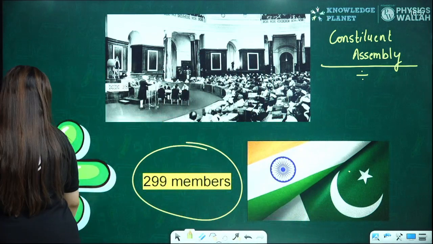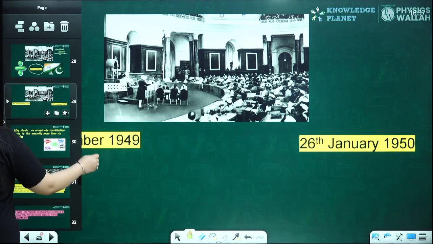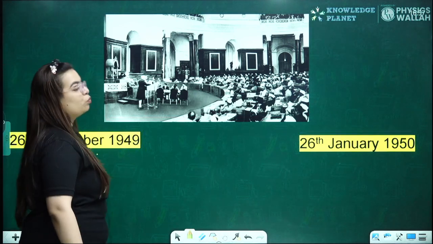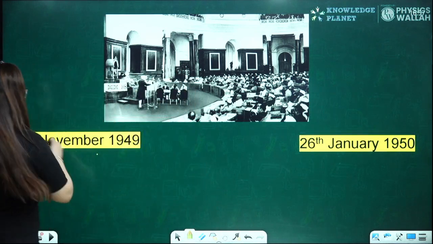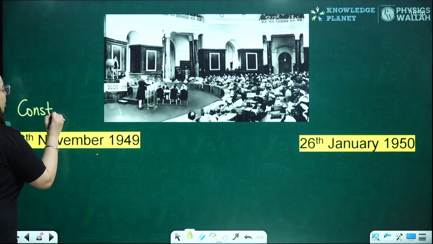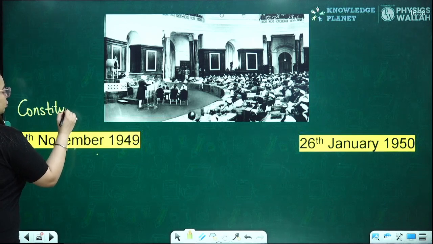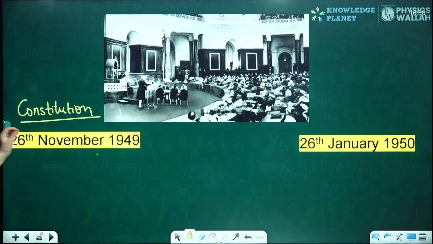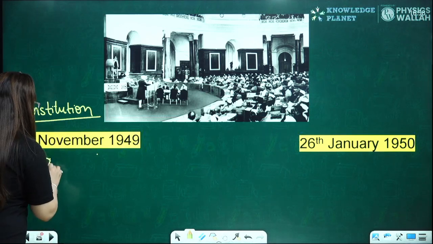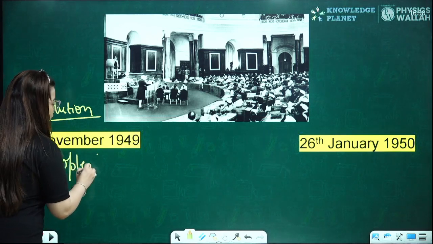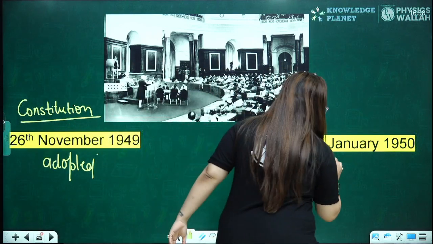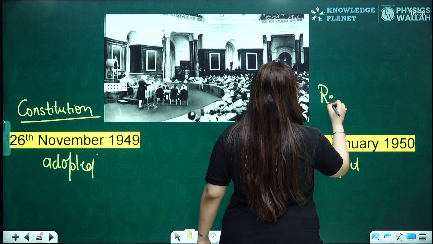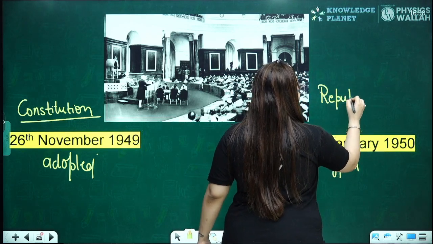Now, what happened after that? On 26 November 1949, our constitution was adopted, and it came into effect on 26 January 1950, so that every year in India it is celebrated as Republic Day.